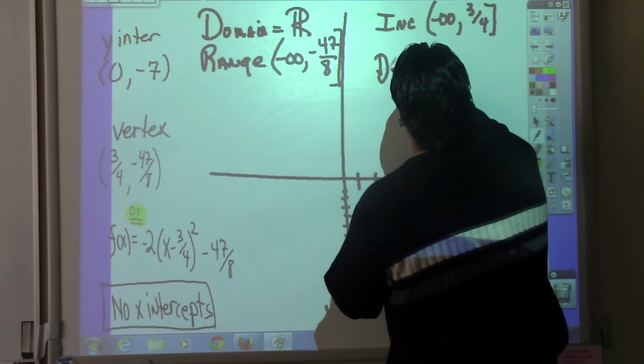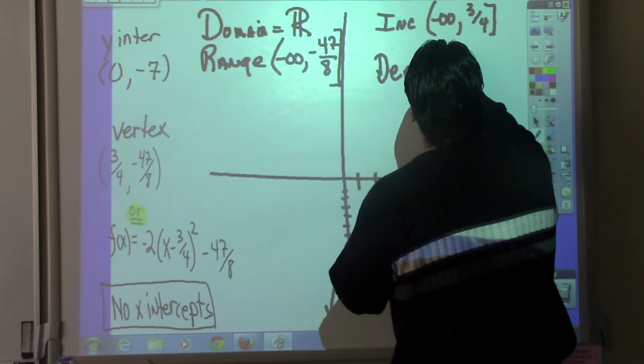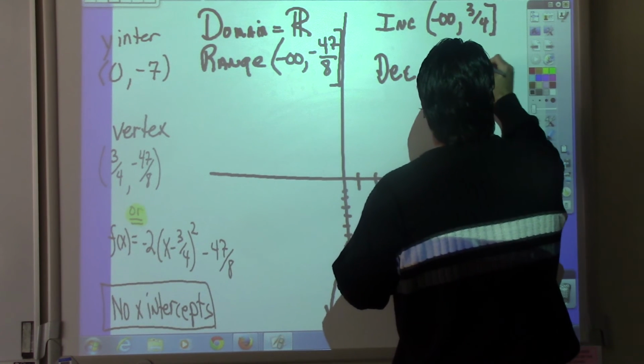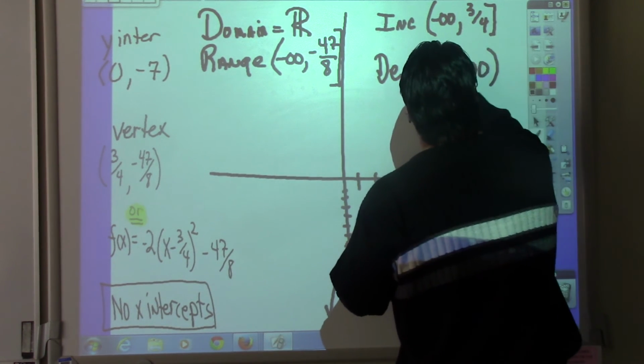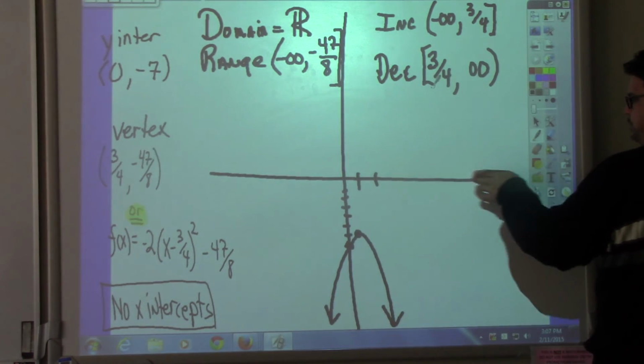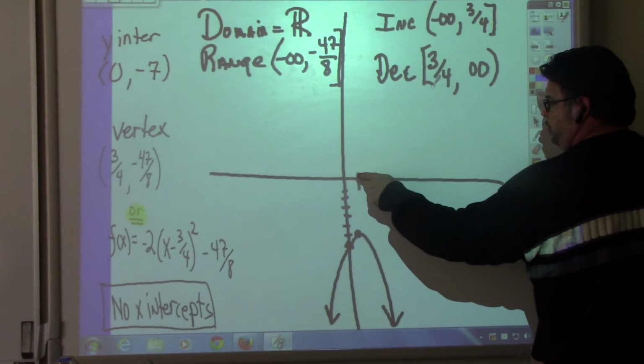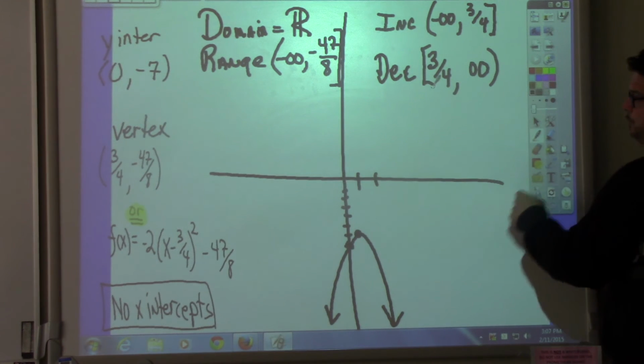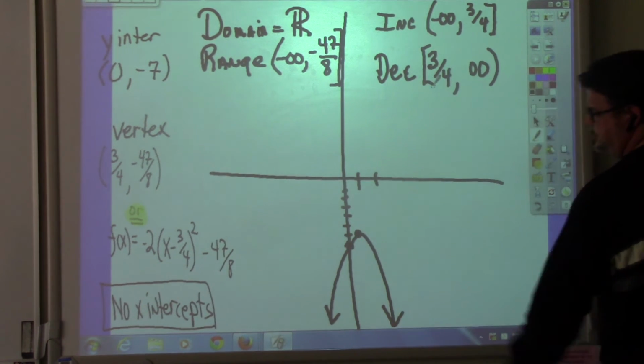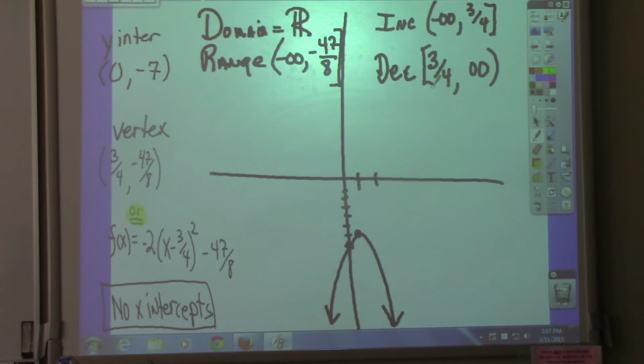And decreasing from what? 3/4 to what? To infinity. From 3/4 to infinity, what's going on? It's decreasing. That's it.